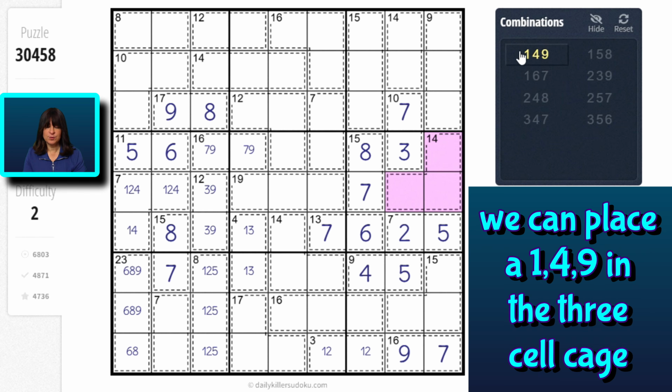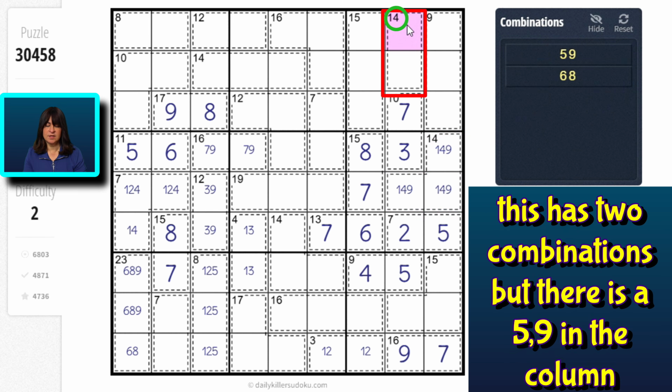So that leaves us with a possible 1, 4, 9 in these three cells. And here, this 14 sum has two possible combinations, but it can't be a 5, 9 because there's already a 9 down here. So it's a 6, 8 pair.